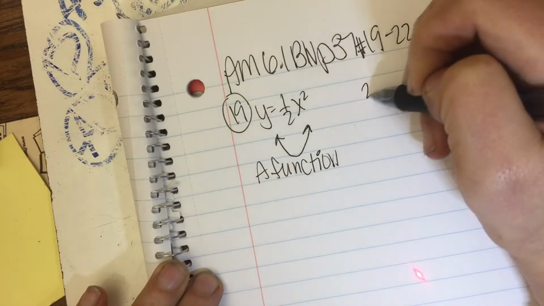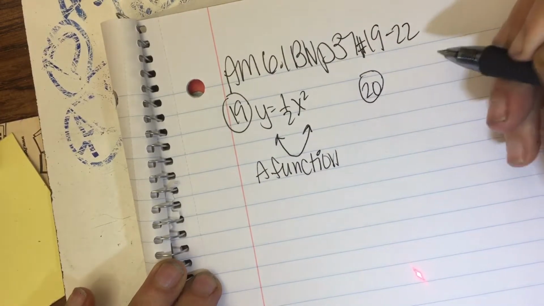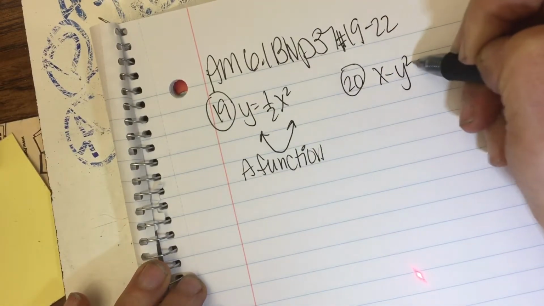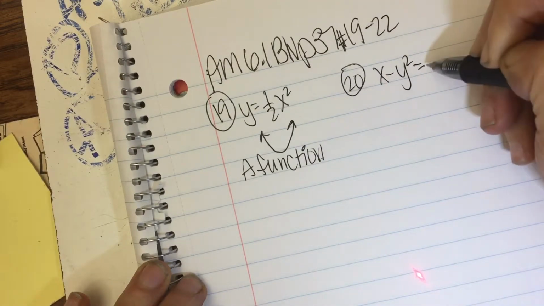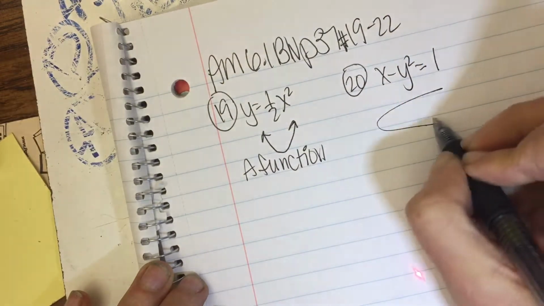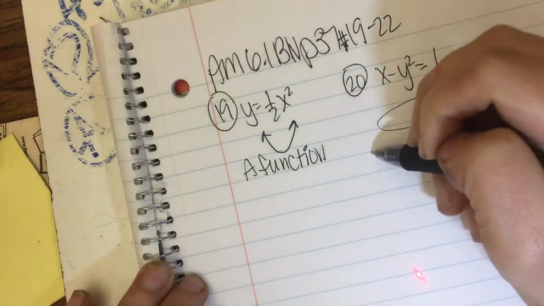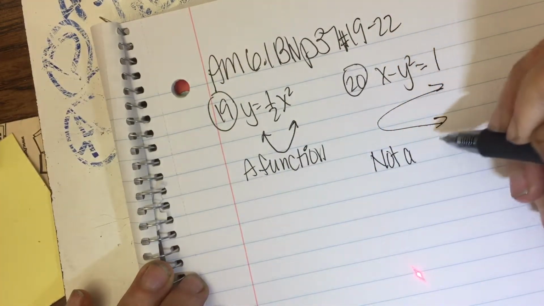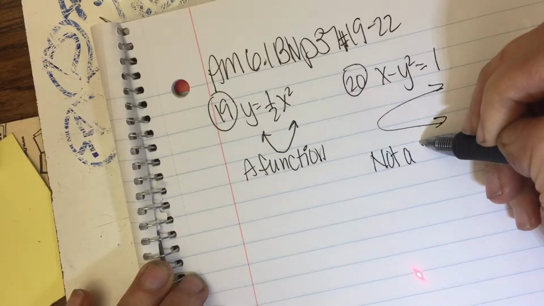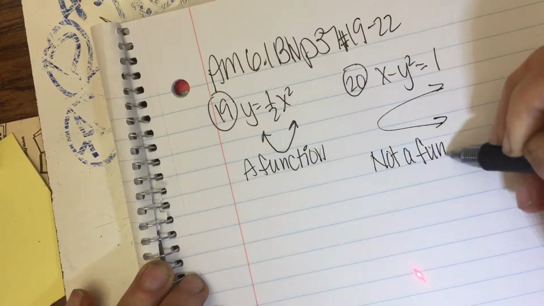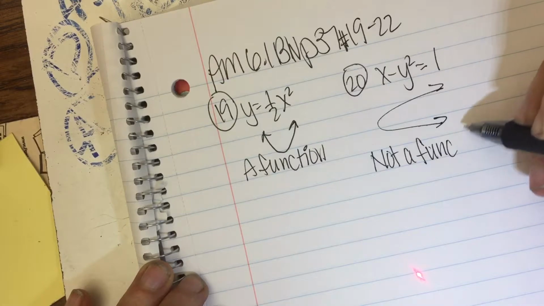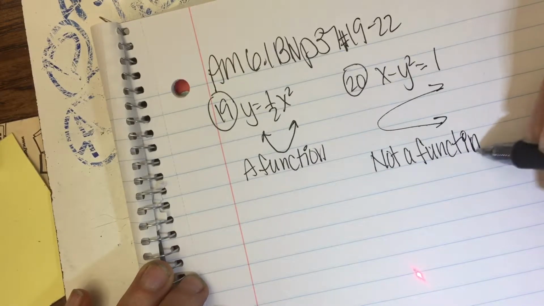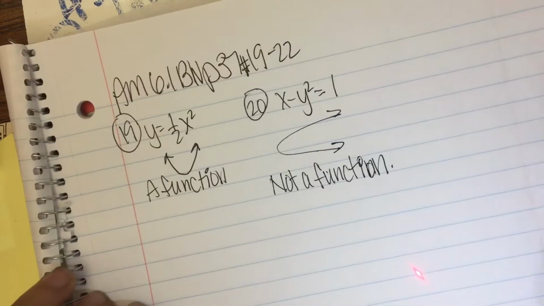Okay, so number 20, I have x minus y squared equals 1. There's a sideways parabola like this. This is not a function. It fails the vertical line test. And it has a y squared. Okay.